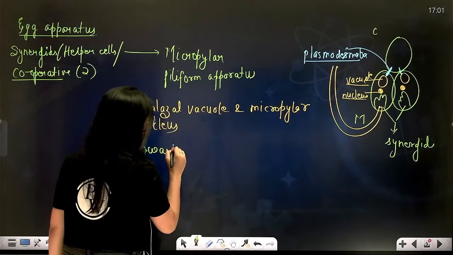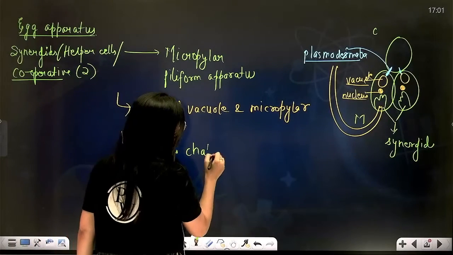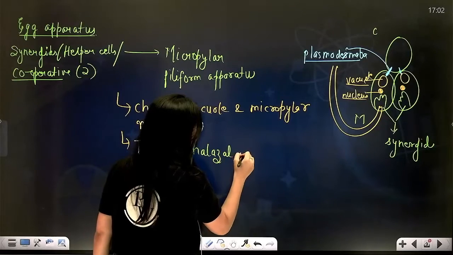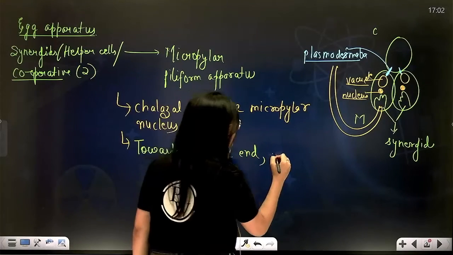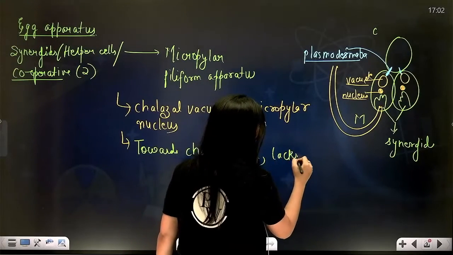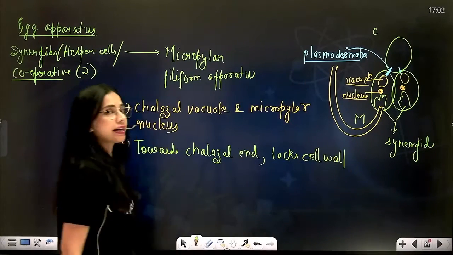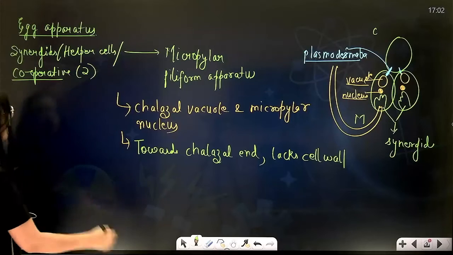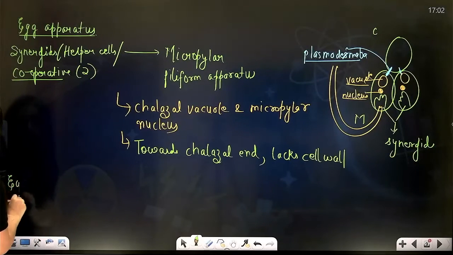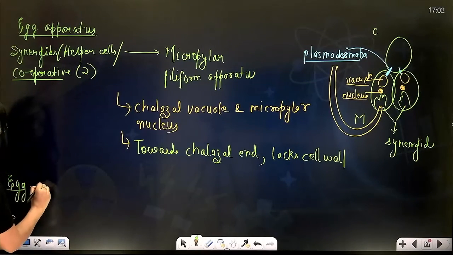Towards the chalazal end, synergids degenerate their cell wall so that they can easily establish connection with the egg. Now coming to the next female gamete, which is the non-motile egg.